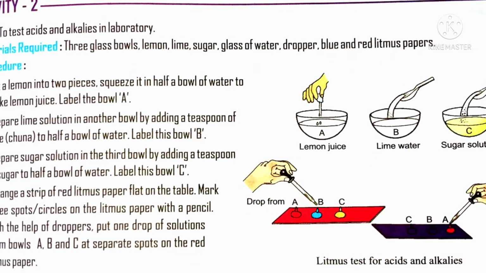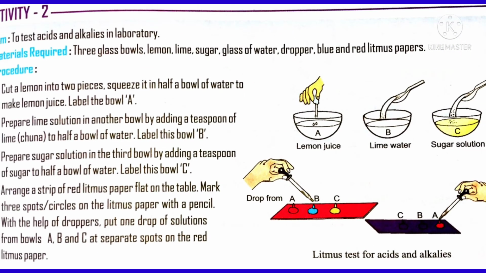Now let us move on to activity 2, to test the acid and alkali in the laboratory. The materials required are 3 glass bowls, lemon, lime, sugar, a glass of water, a dropper, and blue and red litmus papers. Here we are going to take lemon juice in bowl A, lime water in bowl B and sugar solution in bowl C. Now keep red litmus paper and blue litmus paper on the table.